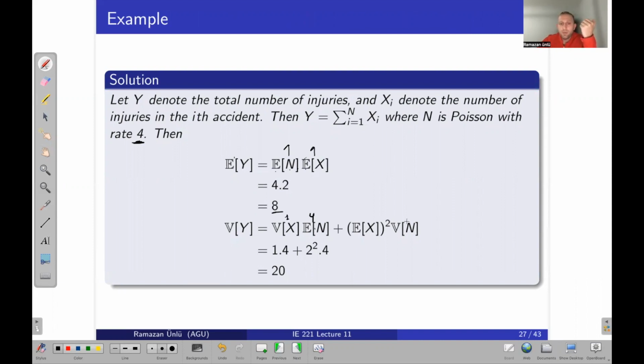And the variance of N: N is Poisson, so the variance is also the rate, which is 4. So that will give me 20. So the variance of Y is 20. So we calculate the expected value and the variance of a sum of a random number of random variables in that way.